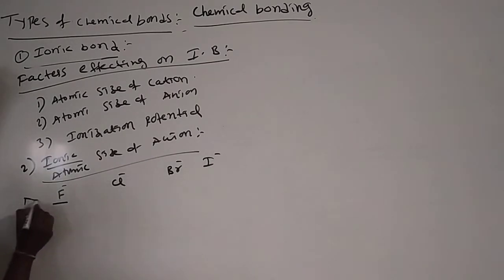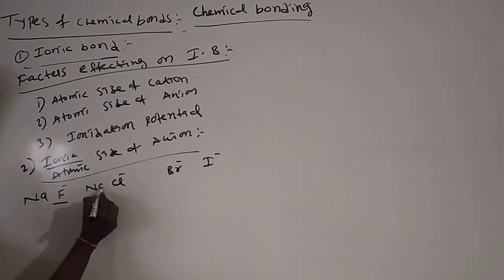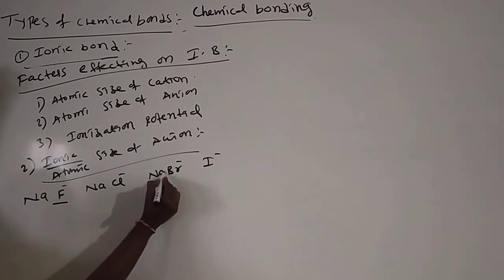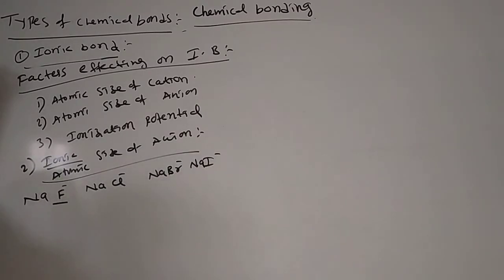So sodium fluoride, sodium chloride, sodium bromide, sodium iodide all have the same cation. Which gains an electron fastly? Electron gaining capacity is inversely proportional to the atomic size.